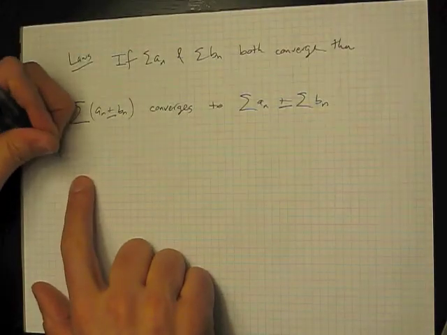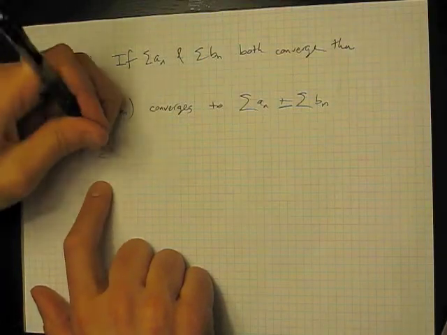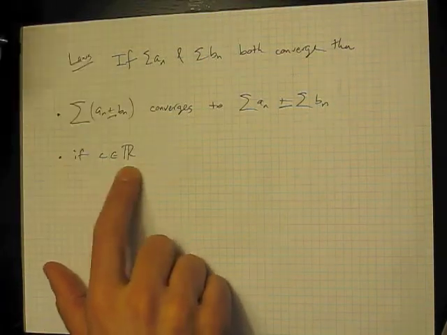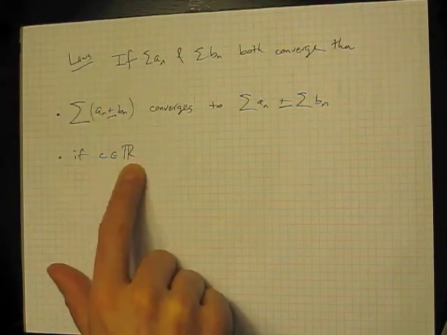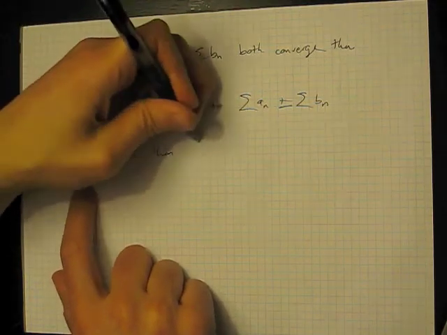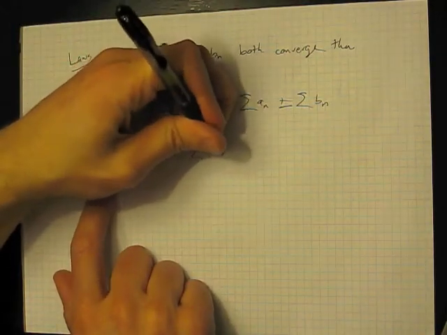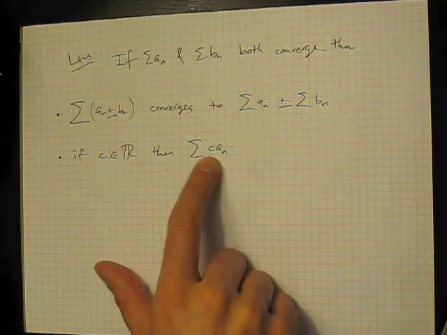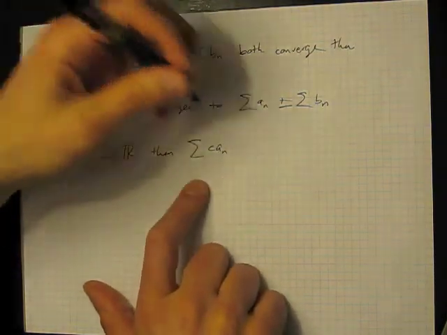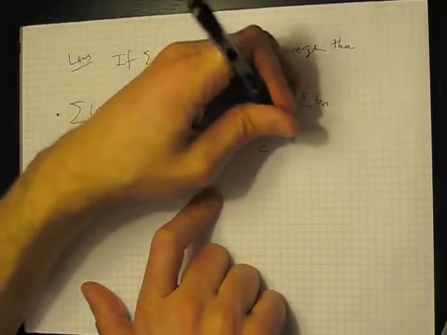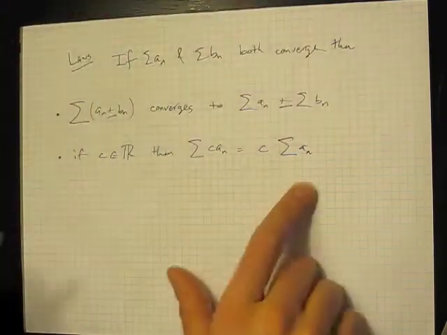If c is any constant, so this just means c is a real number, then the series of c multiplied by the an's converges, and it converges to that.